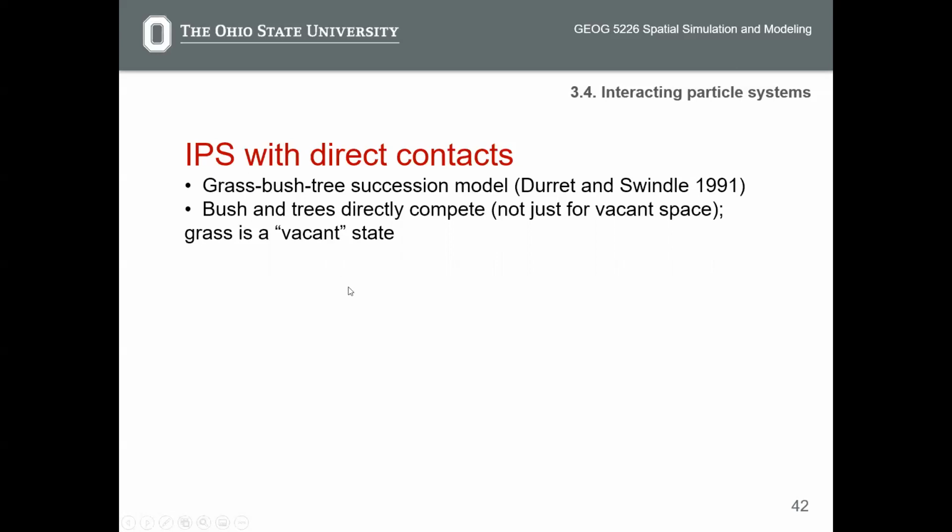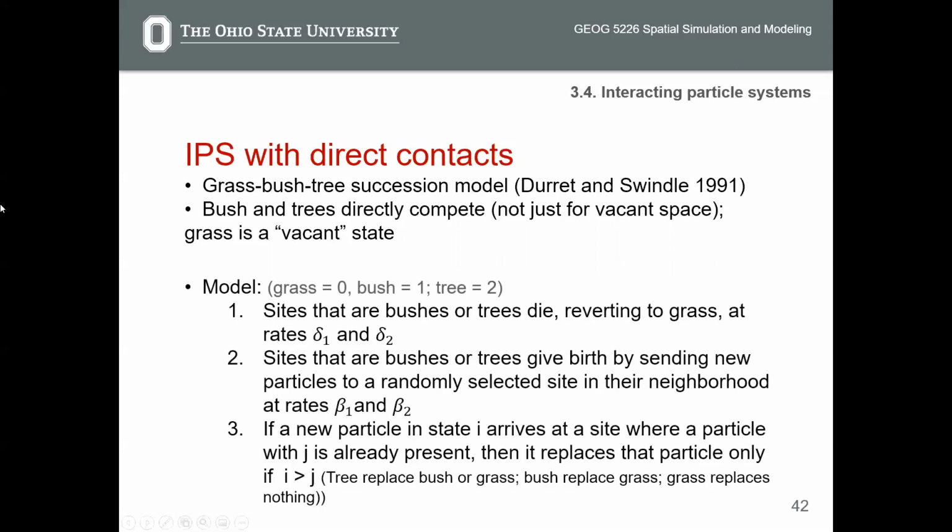But the difference between direct contacts and multiple contact is that here these 2 states, 1 and 2, bush and tree, compete with each other, and tree can beat bush. Bush cannot beat tree. So the model here, transition rules.